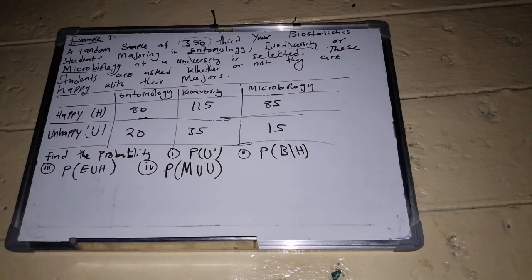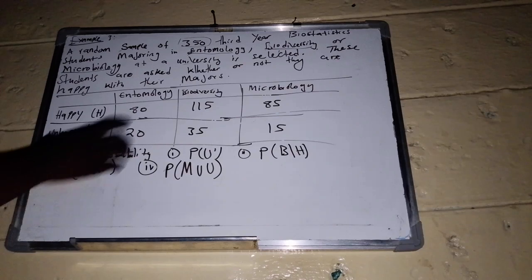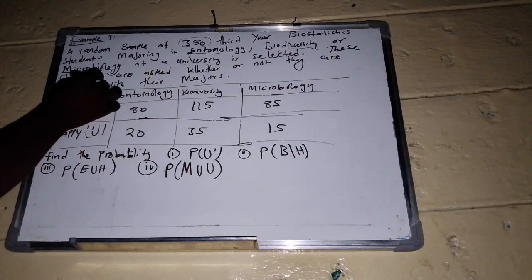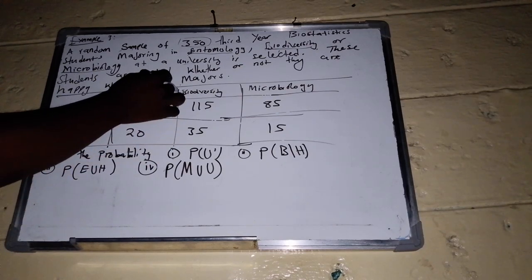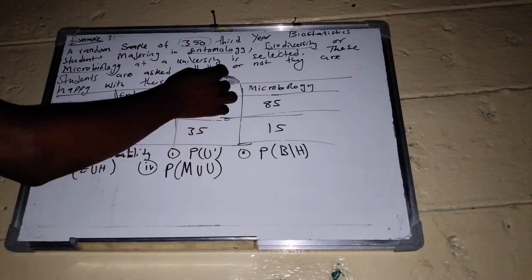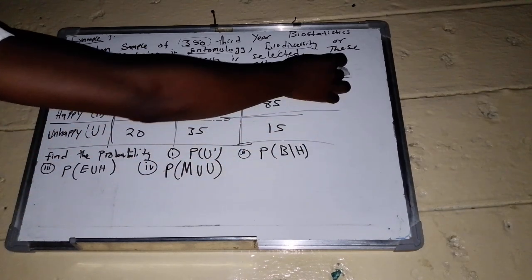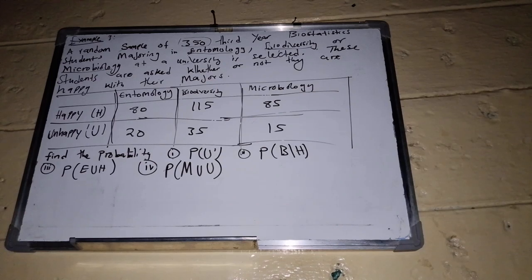So we have been told that the first column represents the response from the entomology group, the next the response for the biodiversity group, and the last column the response for the microbiology group. So are you happy or unhappy? That's the table given to us. From this information, we are being told to find the following probabilities.